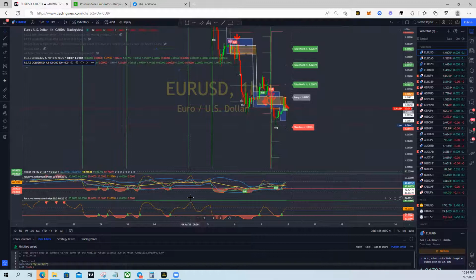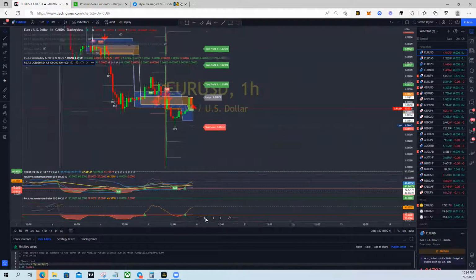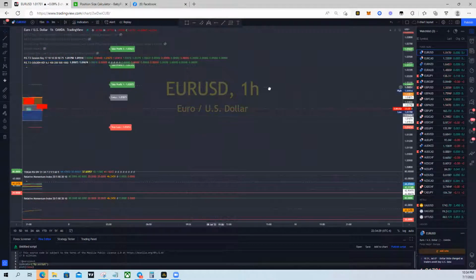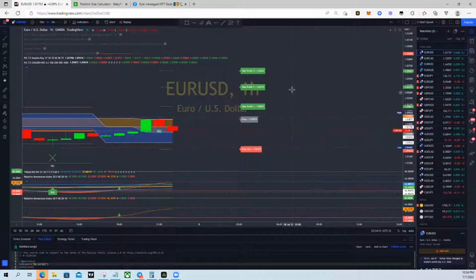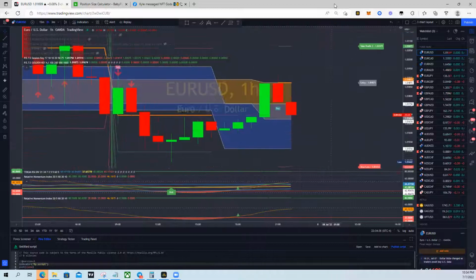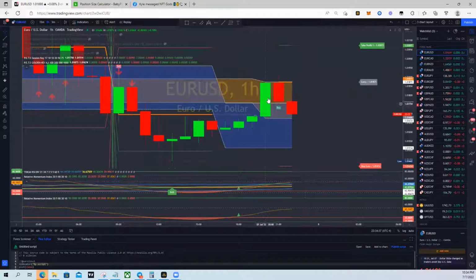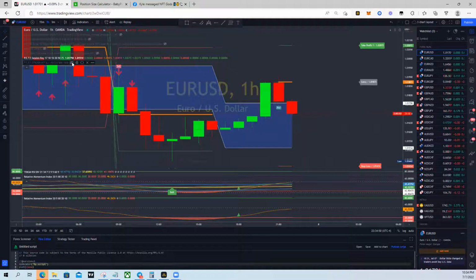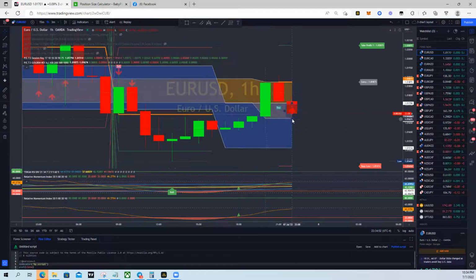So say for instance, even now on this Euro USD trade, if we were using our chart, it would have given us a buy out of the session key, right? But it stopped at the top of the golden key. So it's now currently coming down to the bottom of the golden key.